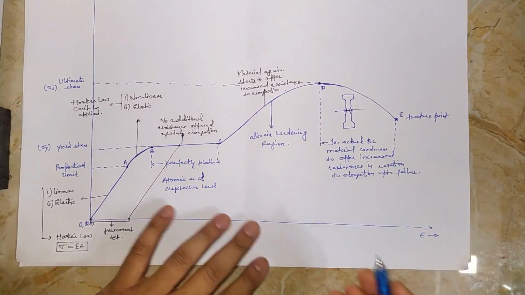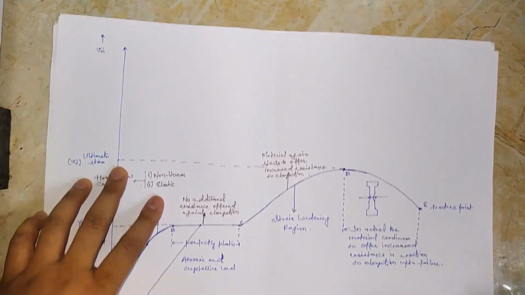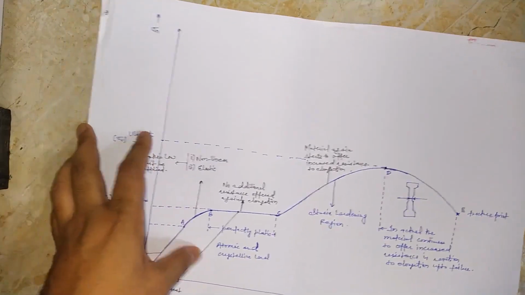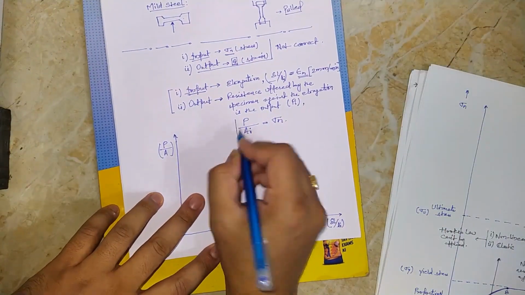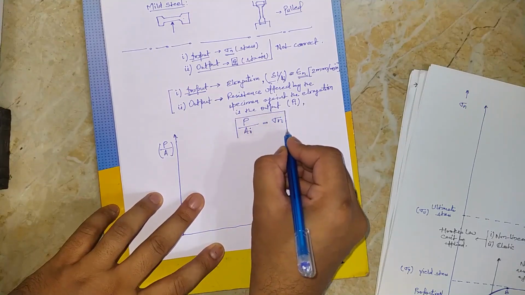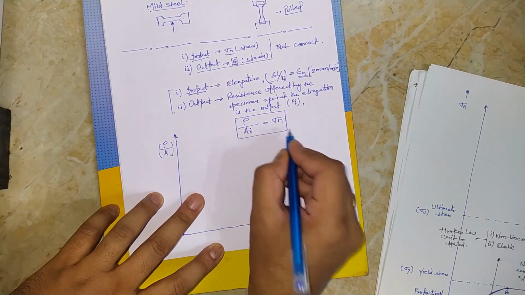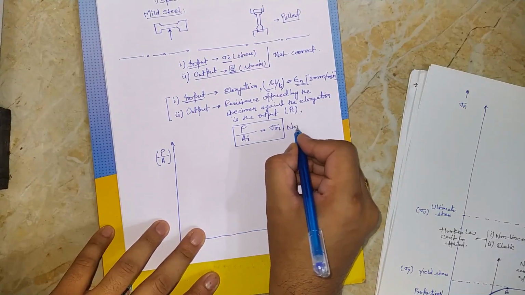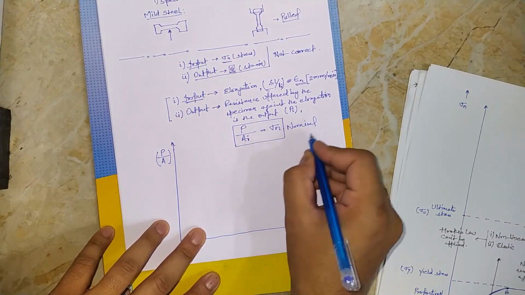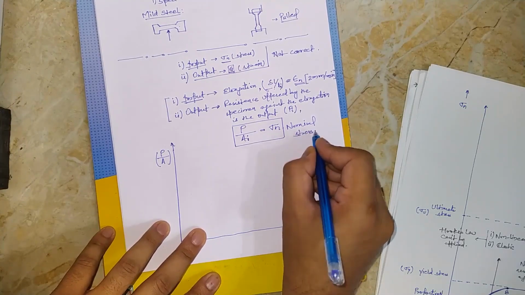Now let us plot the true stress strain diagram. I'll just give a briefing upon what true stress is. See, here I had discussed that the resistance offered by the material divided by the initial cross-section area gives the nominal stress.